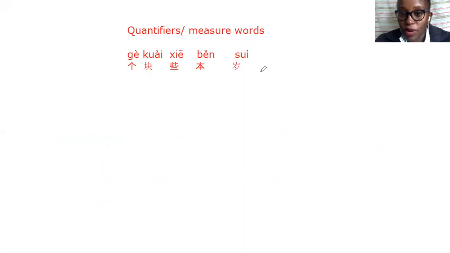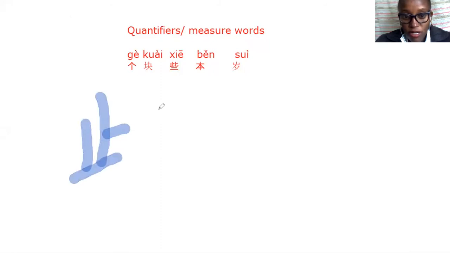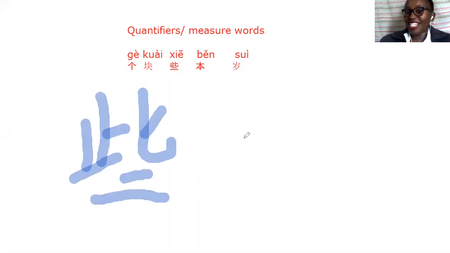I have taken another color. I want to make it as good as possible. So we have 1, 2, 3, 4, 5, 6, 7, 8. Doesn't it look beautiful? 写 again. 1, 2.